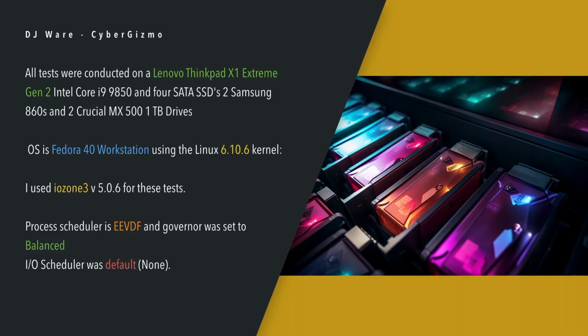The kernel we mentioned is 6.10.6, and IOzone 3 is 506, the same version I used last time. The scheduler is EEVDF because of the kernel level that we're running, and I left it set to balanced. I probably made a mistake there. I probably should run it in performance mode on that box because it's older hardware.